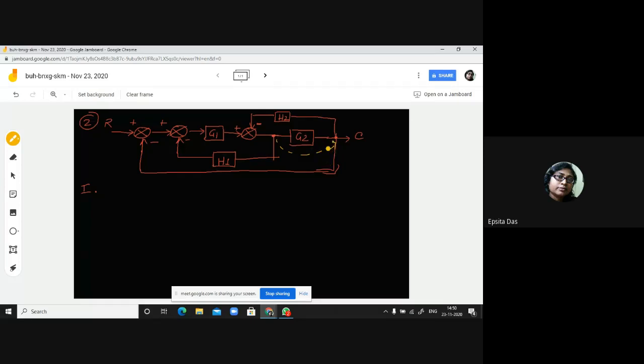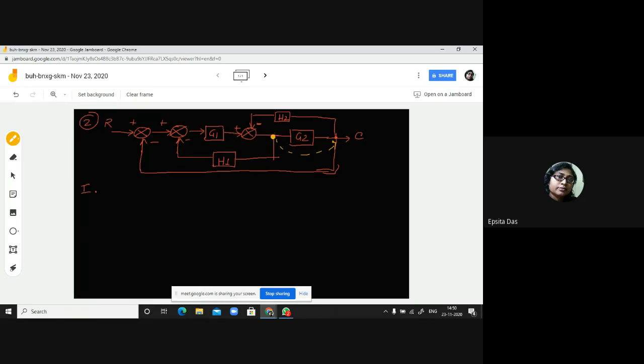Do you understand what I am trying to say? If I want to move this takeoff point in the direction of the signal flow, I can move it from here to here. Then we can solve it easily, because this takeoff in between is a hindrance. It is making it difficult. If we moved the other one it might be easier, but that would make the system a bit complicated.